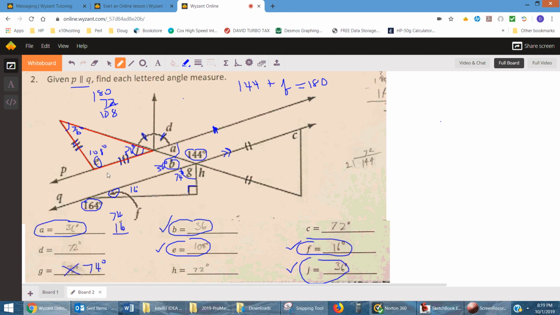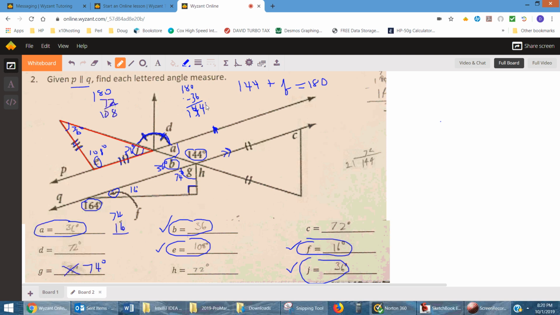Now let's see what else we have here. Okay, so let's look at angle D. This angle right here is 36, and this entire angle forms a linear pair with angle J. So these 2 angles have to add up to the supplement of 36. The supplement of 36, 180 minus 36. 6 from 10 is 4, 3 from 7 is 4, 144.